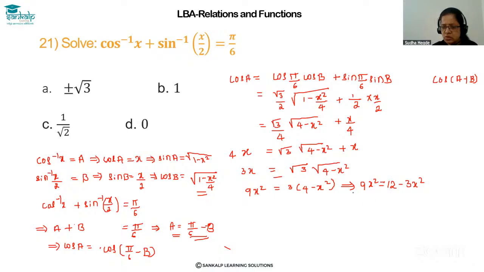Move this 3x square to the other side. So you will get 12x square is equal to 12.